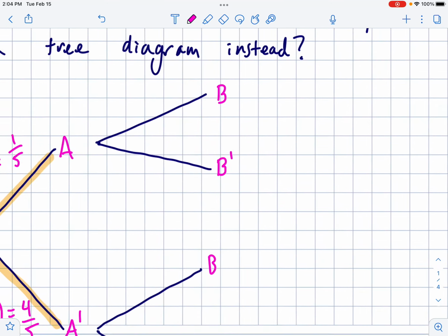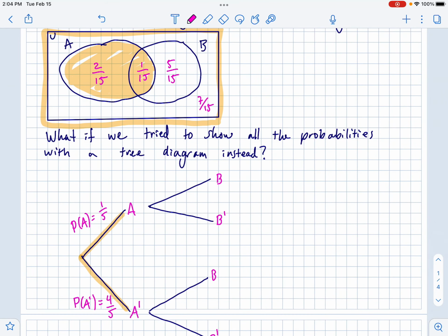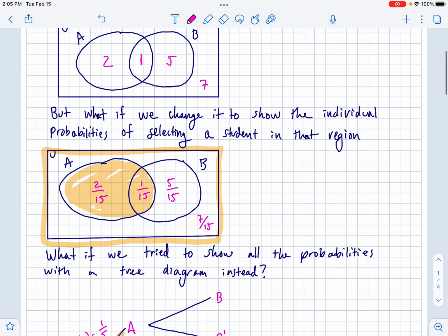Then the probability of B given that they take art, sorry for all the zooming, probability of B given A, would be 1 out of 3.